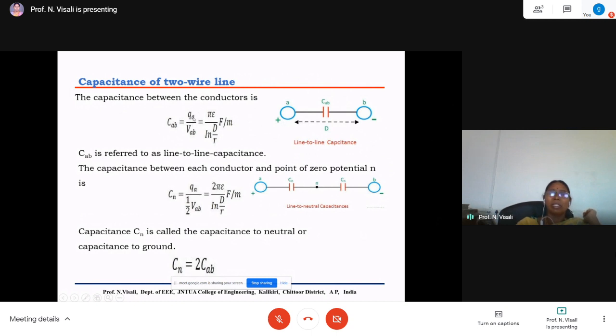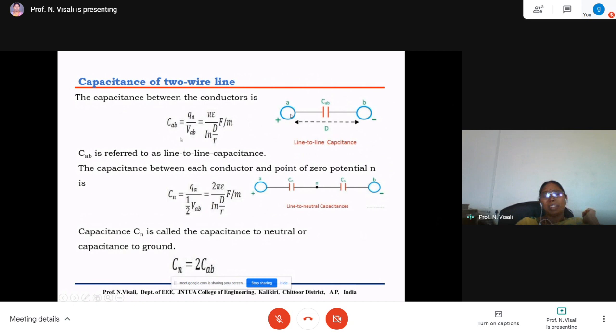So QA, the amount of charge given to conductor A, divided by the voltage from A to conductor B. So CAB is nothing but QA by VAB. Once again, the capacitance between the conductors is similar to your inductance.